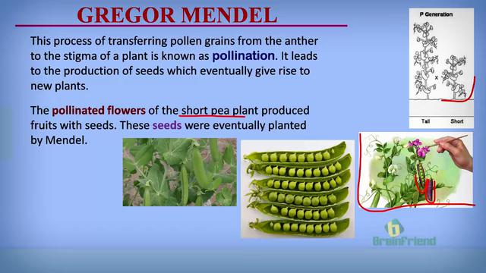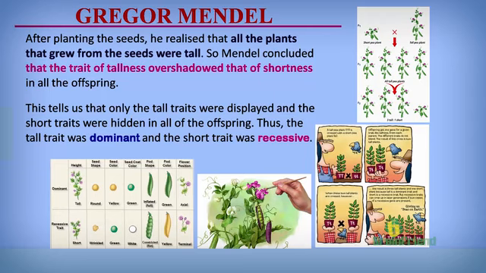After he did this, he waited for the flower to produce seeds and for these seeds to get to maturity, and he eventually harvested the seeds and went on to plant them. So Gregor Mendel planted the seeds that were realized from that pollinated pea plant.